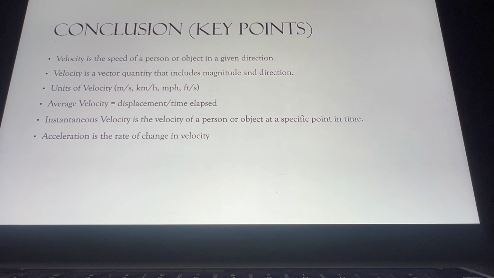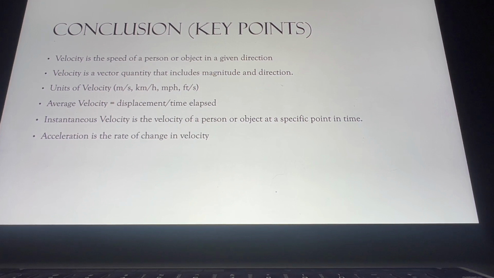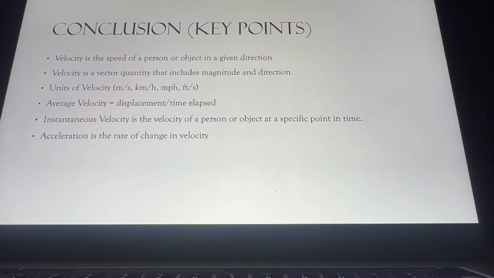These units of velocity can also change depending on what the problem is and what you are measuring. We have average velocity, which is equal to displacement divided by time elapsed. Instantaneous velocity, which is the velocity of a person or an object.